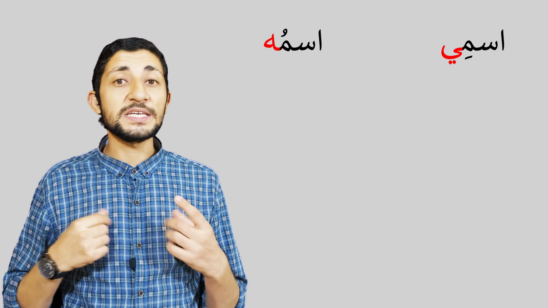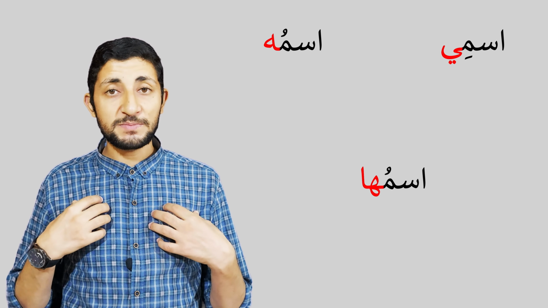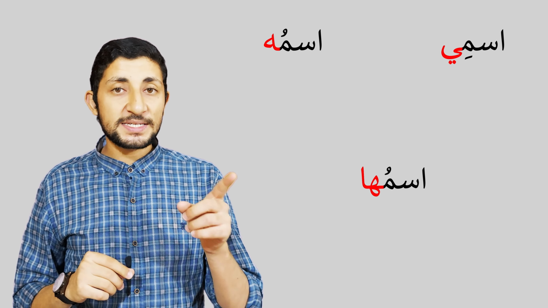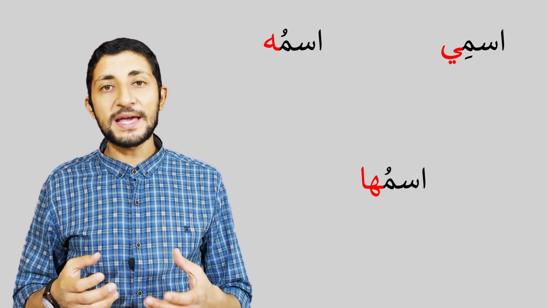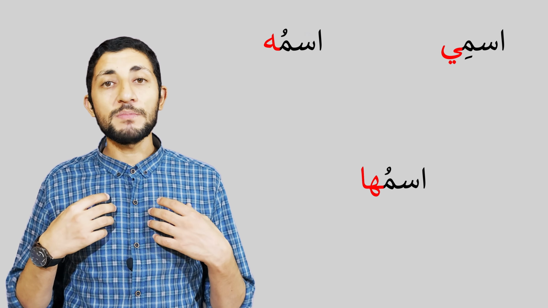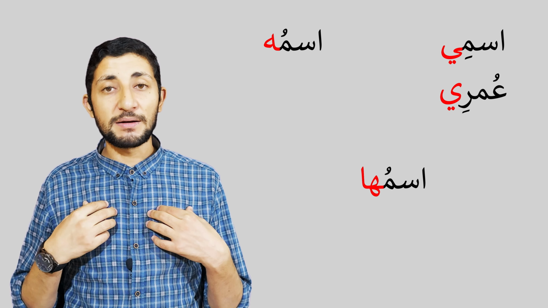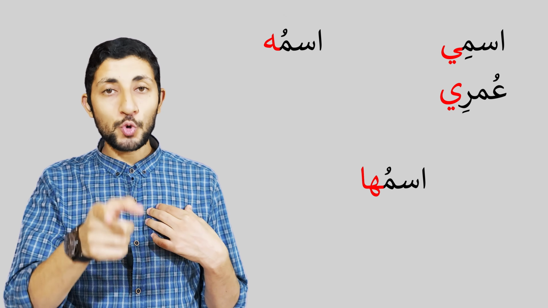So ism, ismi. Ismuhu. Ismuha. Ismi, my name. Ismuhu, his name. Ismuha, her name. Okay, what about age? Age عمر. عمري. My age. عمره.